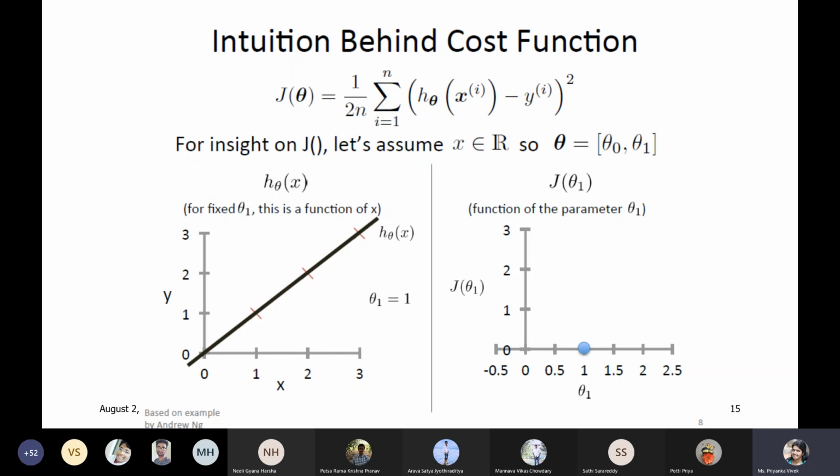Like you usually write f of x, isn't it? It's the same meaning, but we say h theta of x because h stands for hypothesis, so it is the model. Now our h theta of x is x, because it was theta 1 x, and theta 1 is 1, so it becomes x.